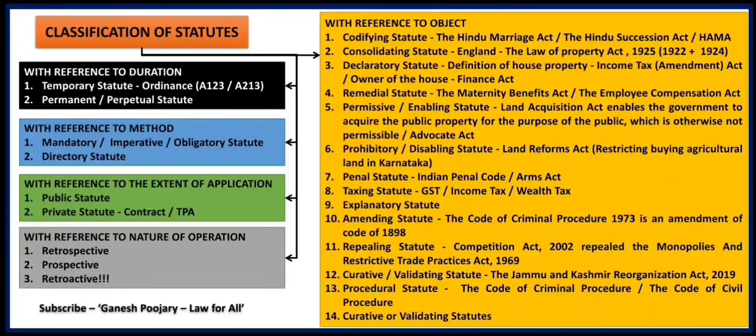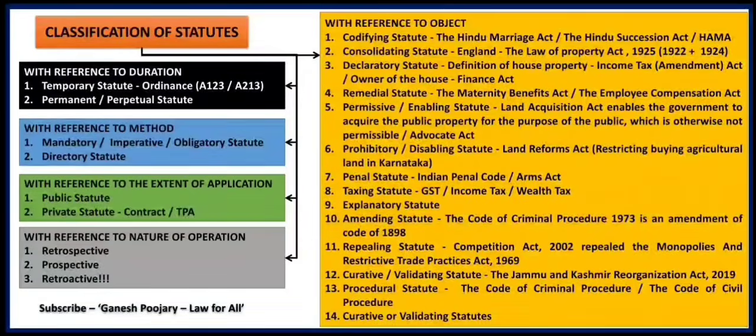Sometimes it so happens that you are removing one existing law and replacing it with another law, and these statutes are known as repealing statutes, which are the 11th category here. An example for that is, earlier there was the Monopolies and Restrictive Trade Practices Act 1969, and now that has been repealed and a new act came into place, that is the Competition Act 2002.